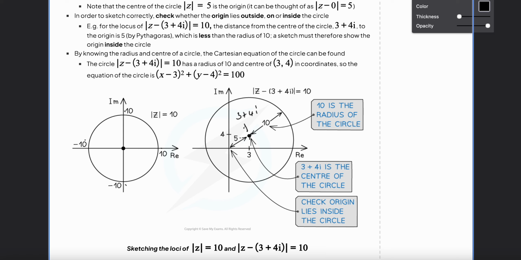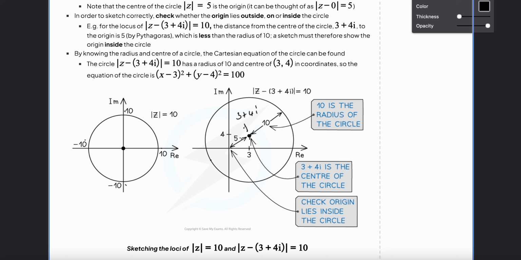Now simple logic will tell you that if from the center to the origin we have 5, and our radius, from the center to this part, is 10, it means that the origin is within the circle.